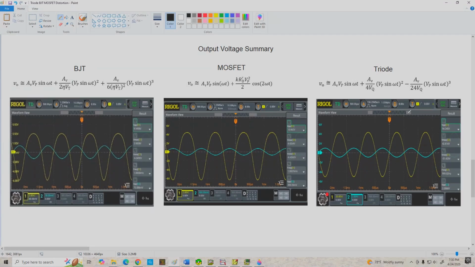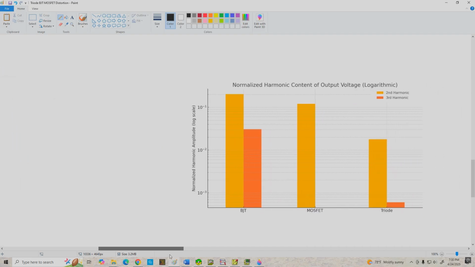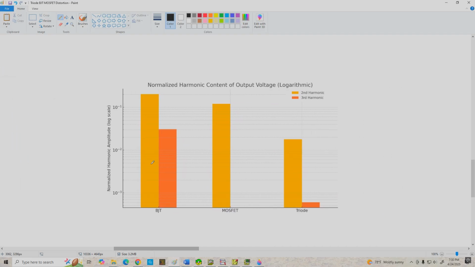Now, in an ideal world, I'd go on and push these amplifiers to clipping and do some comparisons, but this video is already plenty long, so we're going to wrap it up here in a second. I'm just going to go on over to the next page, and we're going to do a little graphical comparison of the distortion characteristics we saw here today.